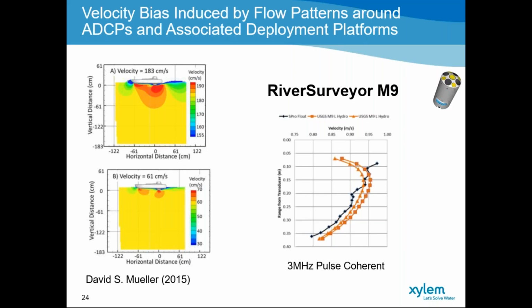A CFD model was developed during 2015 as well on a number of instruments to verify the impact on flow in the region just below the instrument itself. And from that, simulation results indicated that two ADCPs, the RioGrande 1200 and RiverSurveyor M9, would allow data collection near the transducer that was biased by no more than 1%.